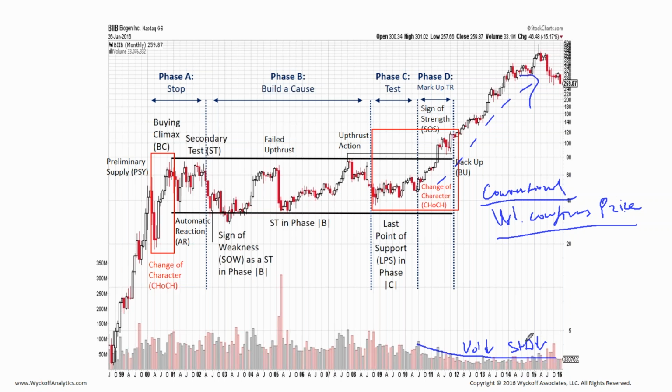So we have to think of this type of price and volume action as a function of absorption of the supply. We want to observe the absorption of the supply that has happened throughout the trading range, and then as the price starts having higher lows and higher highs, we're seeing that the volume contracts even further.